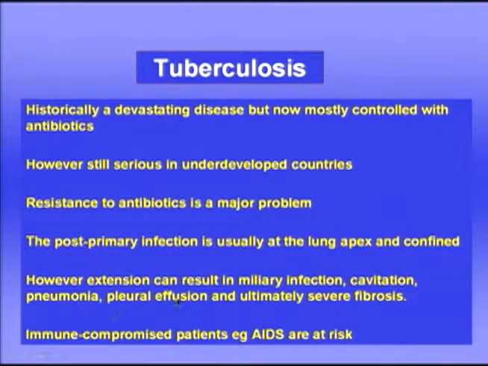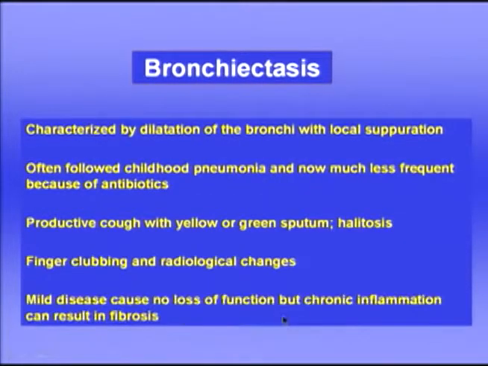You could get pneumonia, pleural effusion, and patients who had old, long-standing tuberculosis would often develop very severe fibrosis and very strange changes on their chest radiograph. Another group of patients who are at risk these days are immune-compromised patients, for example with AIDS, because they may develop tuberculosis. A word or two about bronchiectasis.